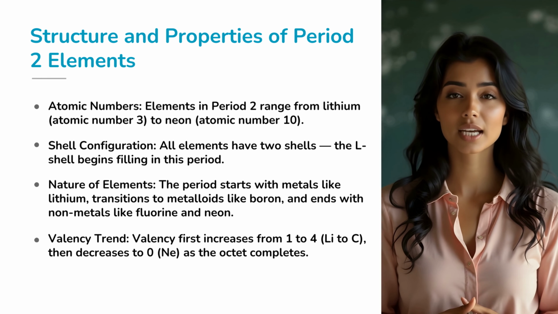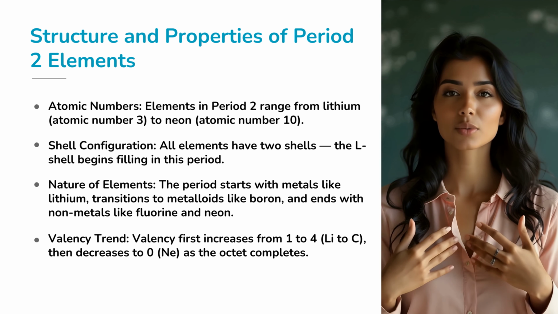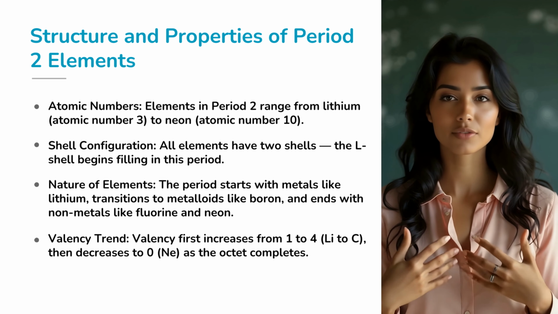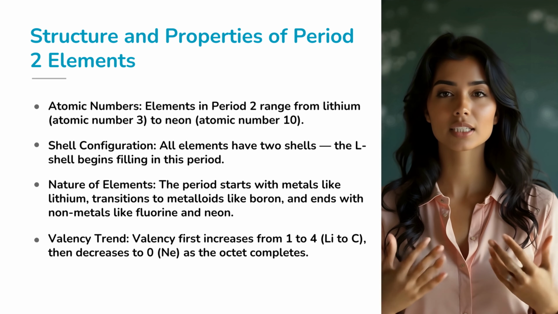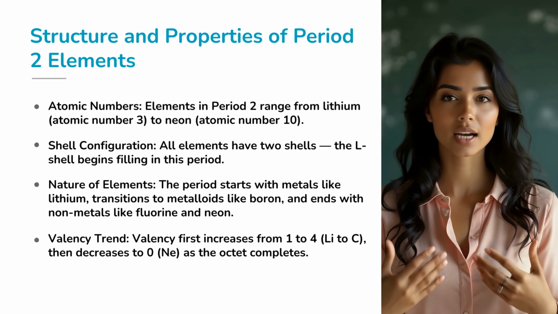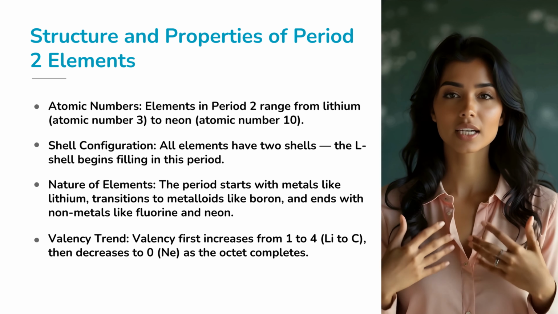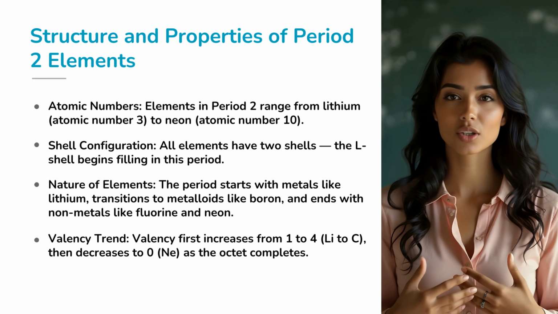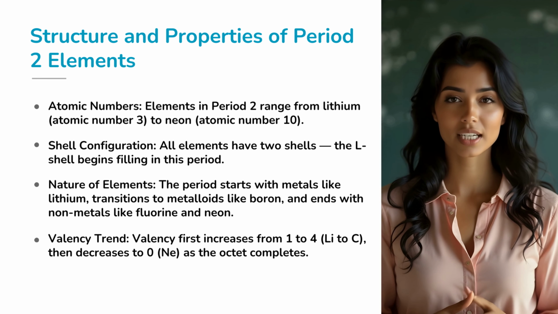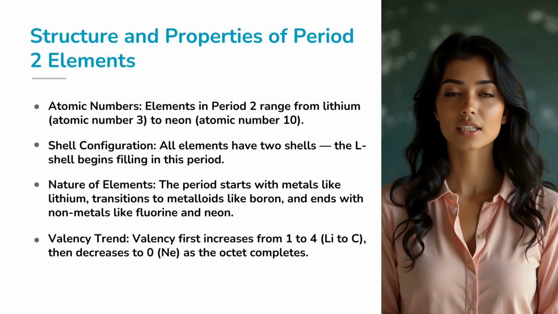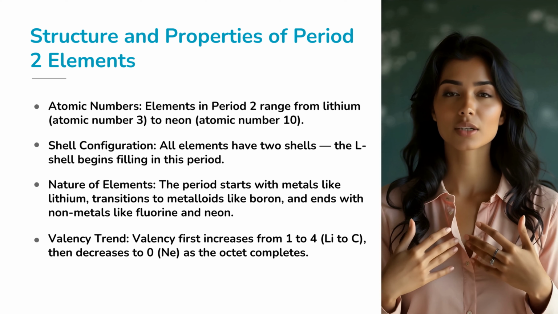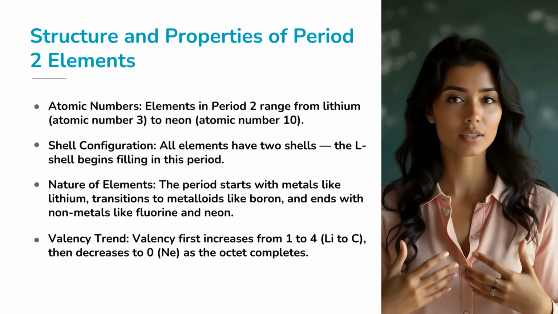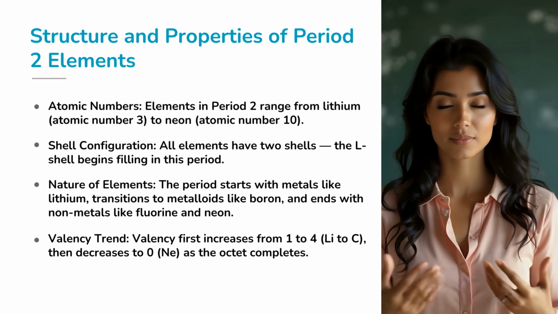As we move from left to right, we see a transformation in chemical character from lithium and beryllium, which are metals, to boron, a metalloid, and then carbon, nitrogen, oxygen, and finally fluorine and neon, which are nonmetals. The valency also changes, starting from 1 for lithium, increasing to 4 for carbon, and then reducing back to 0 for neon, which has a complete octet.